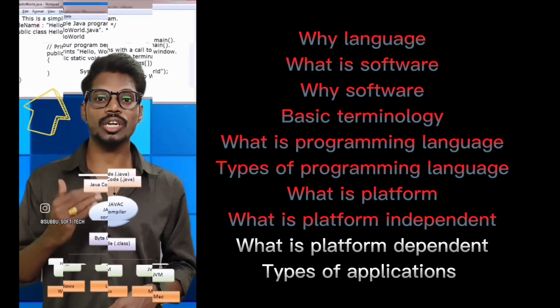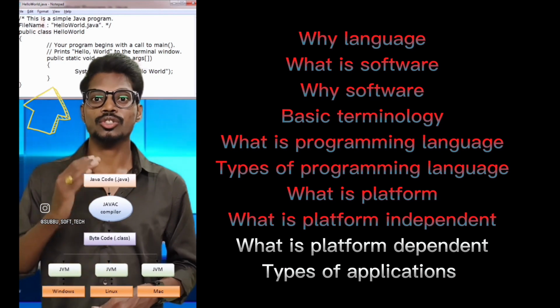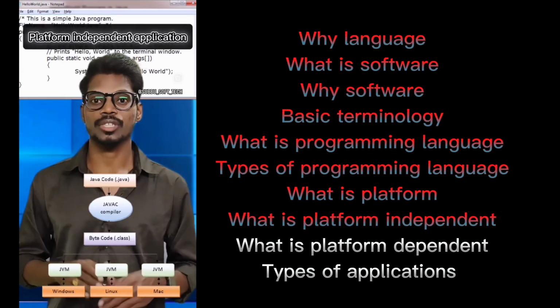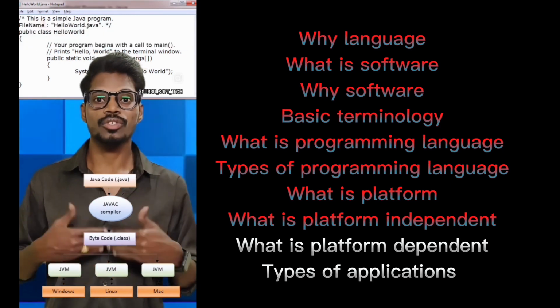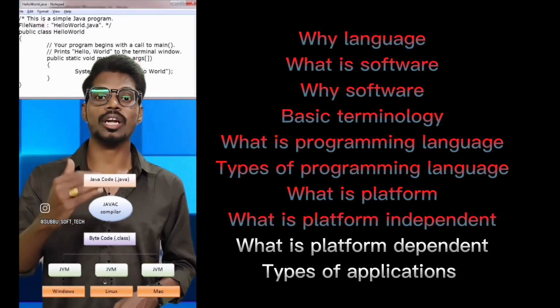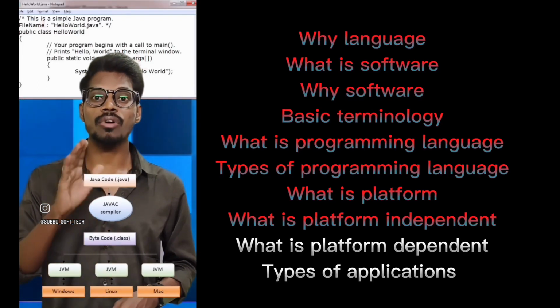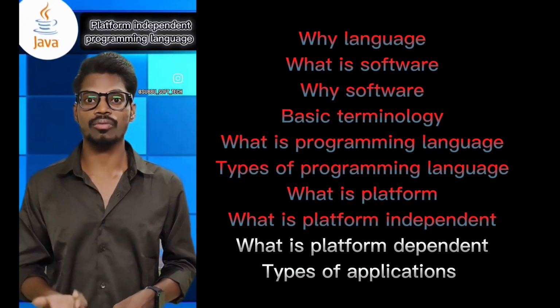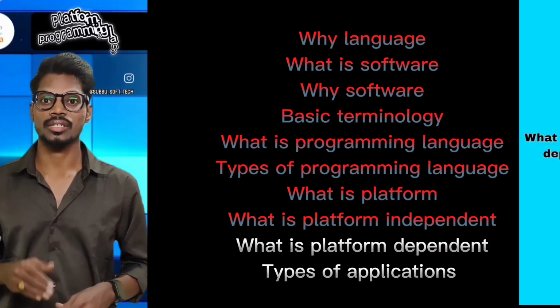Applications that behave like that come under platform independent applications. The programming language we utilize to develop such applications comes under platform independent programming language. Java is the best example.